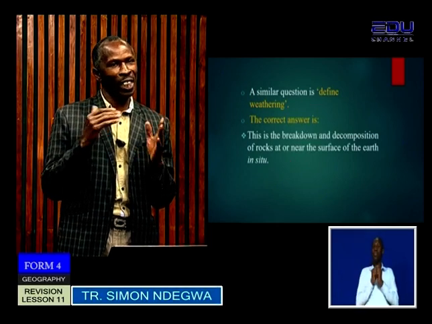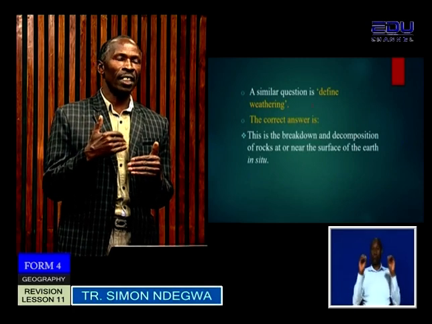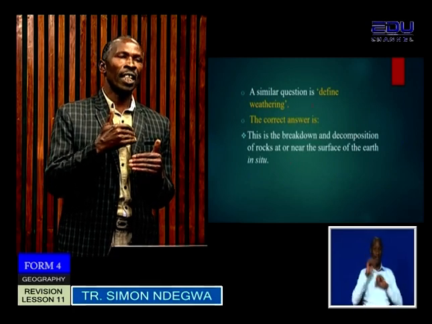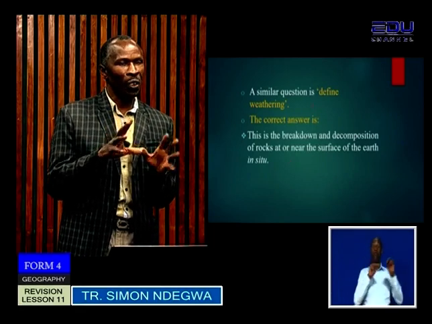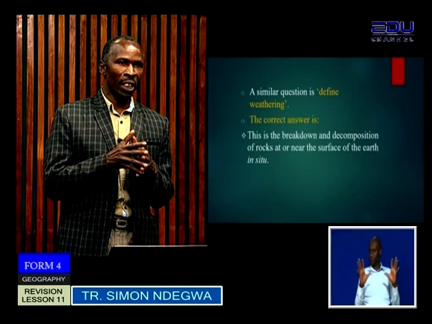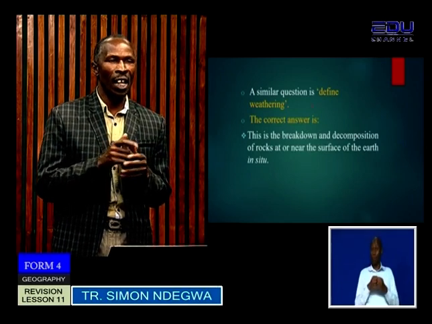So think about in situ as without movement. Learner, kindly get it clearly that weathering does not involve the movement of materials. They are weathered, they break down, they decompose, and they remain where they are unless another process takes over from that.